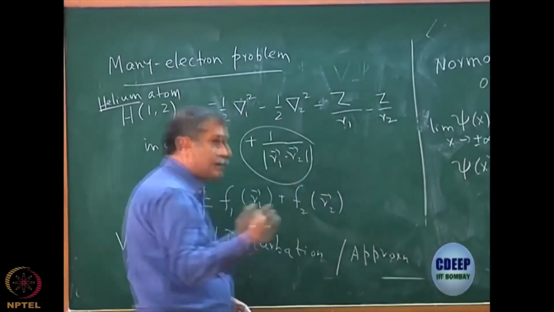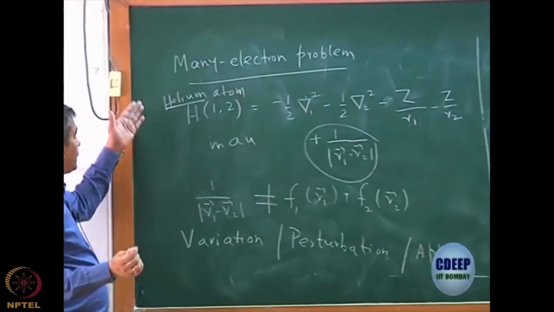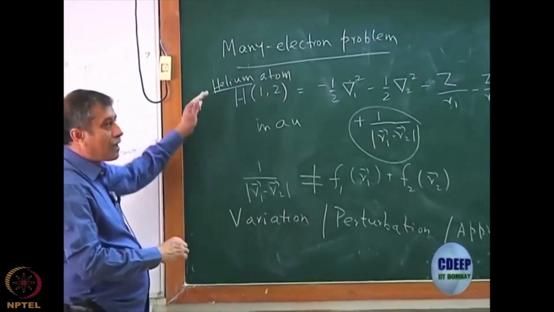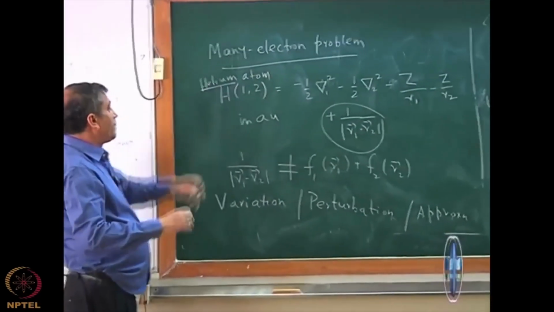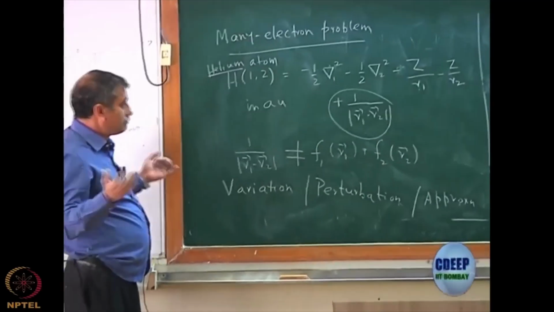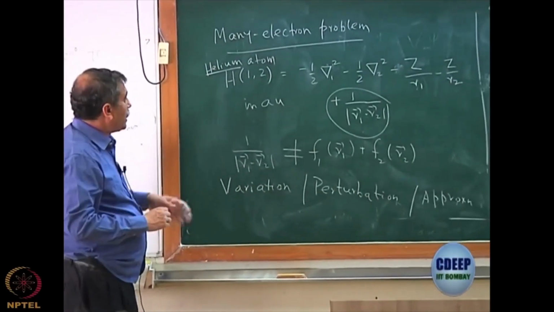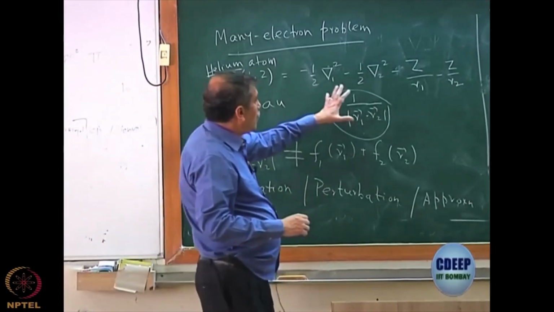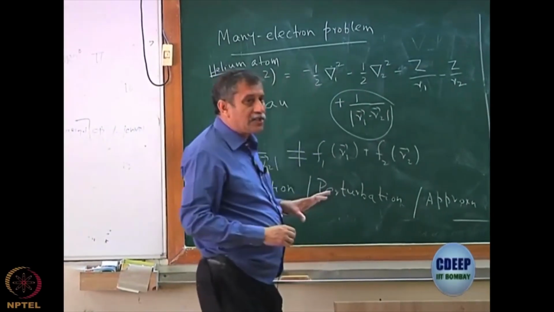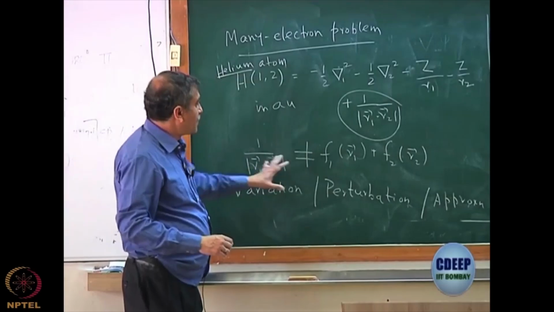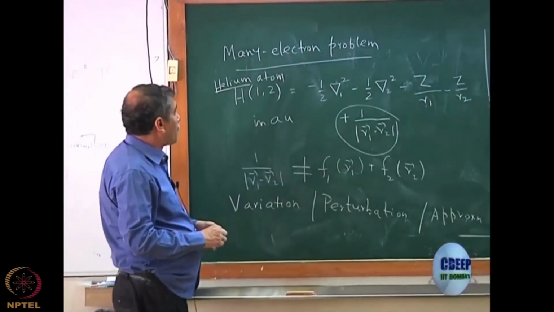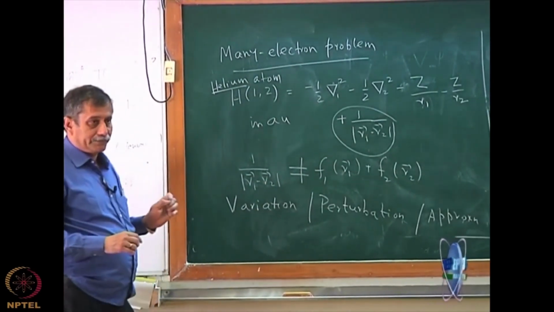There are many other schemes, but the helium atom is an example; you can have any many-particle problem like the hydrogen molecule, or any other molecule which has more than one electron. You will end up with a problem where there is a non-separable term, which cannot be written in this manner, and hence the problem is not exactly solvable.